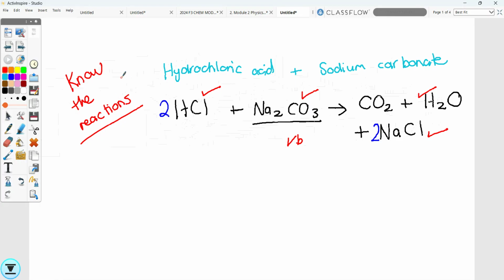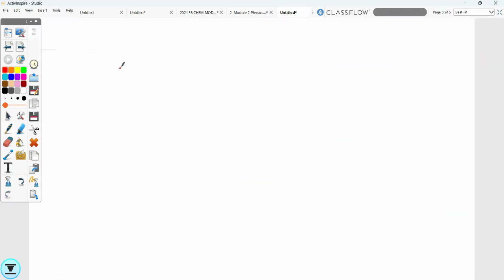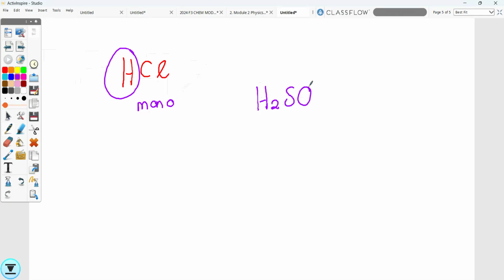Then you need to know what polyprotic, amphiprotic, and all of those things are. So if I have HCl, how many hydrogens can it donate? Only one, so it's going to be called monoprotic. Give me an example of a diprotic acid. H2SO4.